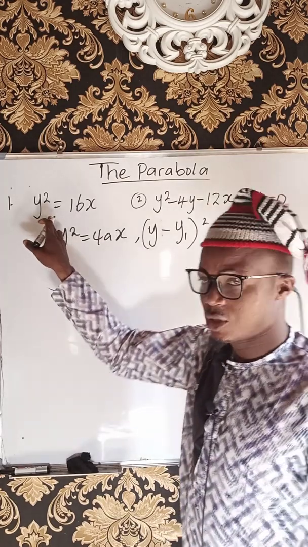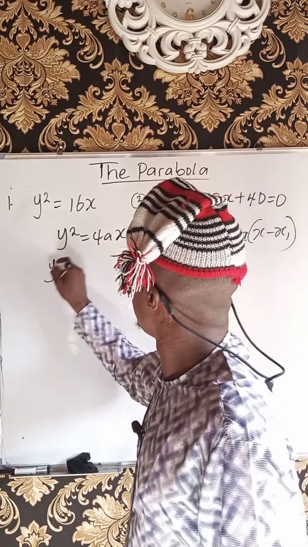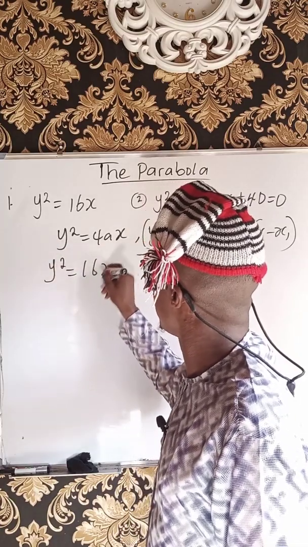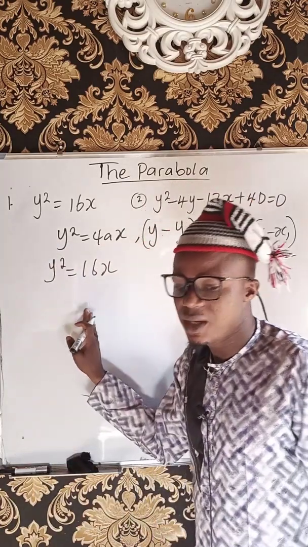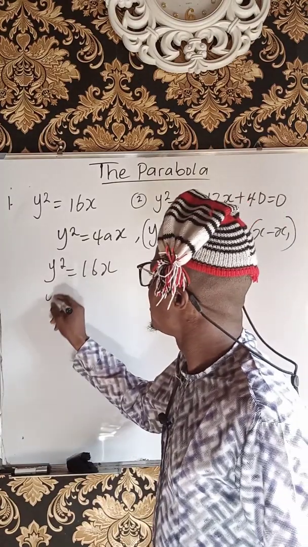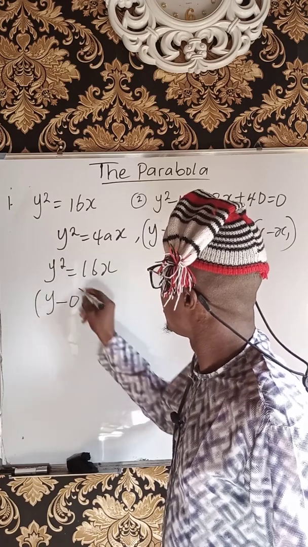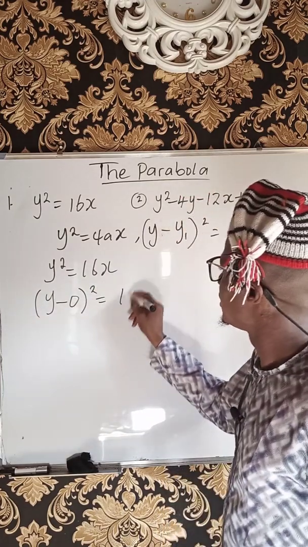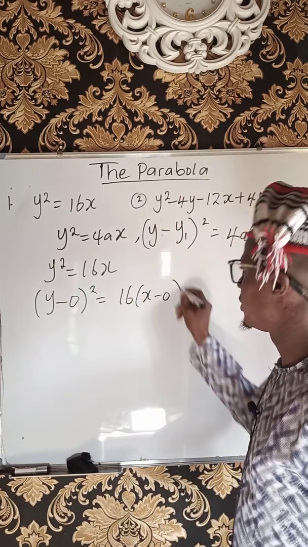So for this particular question, we have y squared equals 16x. When it is like this, it means it is at the origin, because it is the same thing as saying y minus 0 all squared equals 16 into x minus 0.